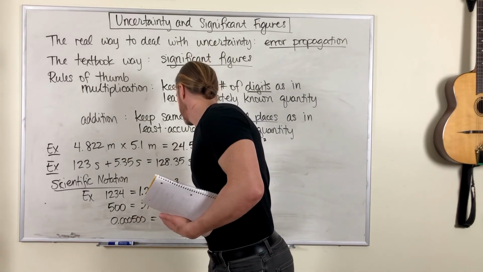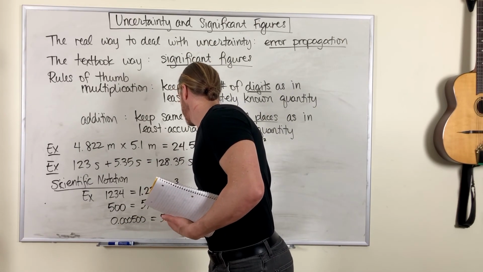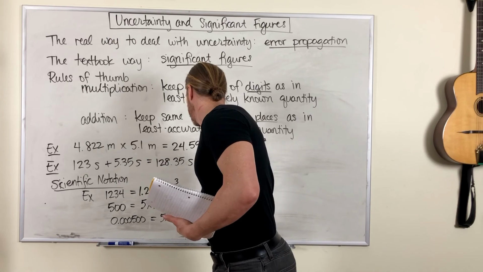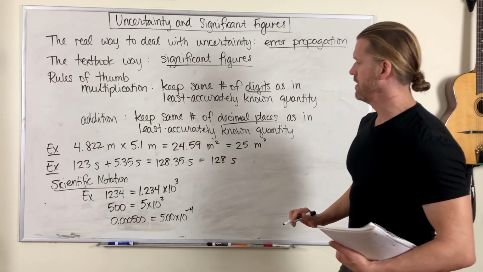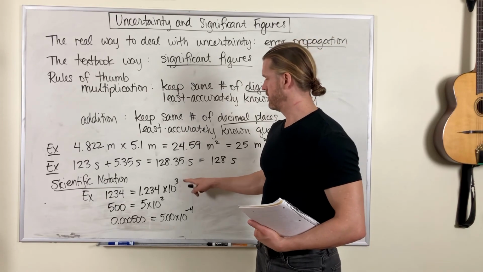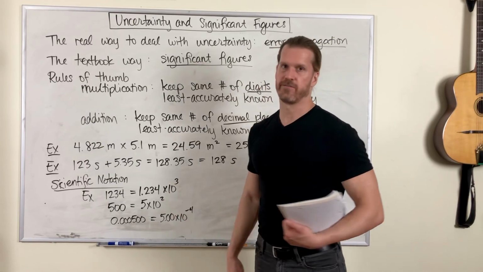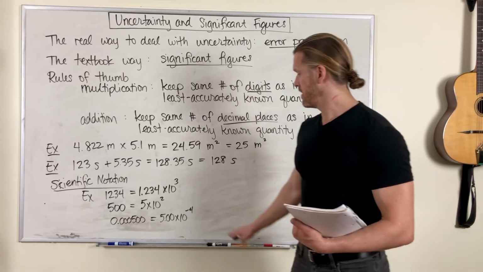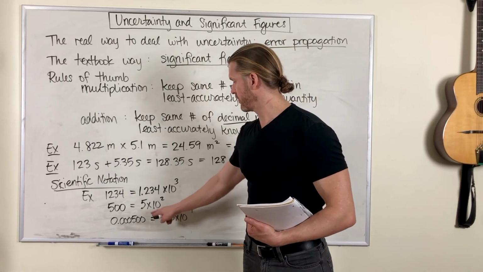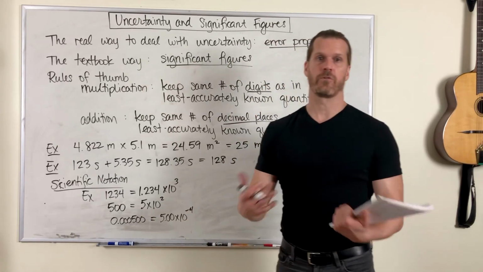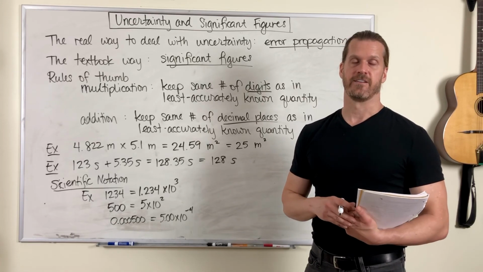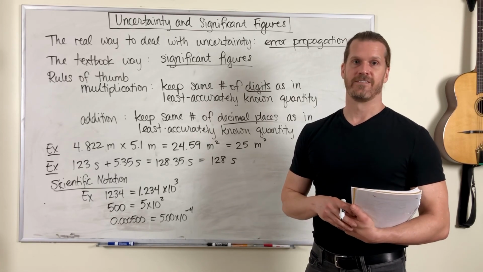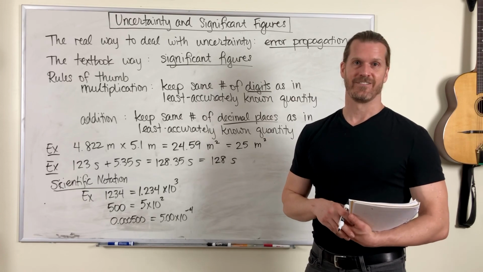So this is 5.00 times 10 to the minus 4. So I encourage you to express answers in scientific notation whenever possible, because writing numbers this way lets you clearly communicate how many significant figures it has, and leaves out any ambiguity that the reader might come across.